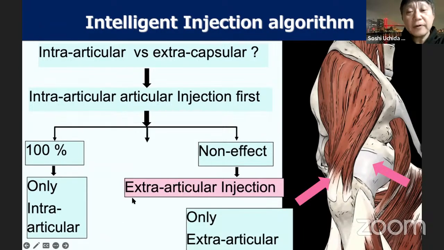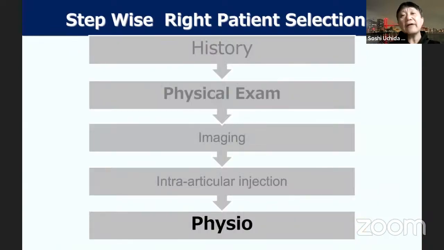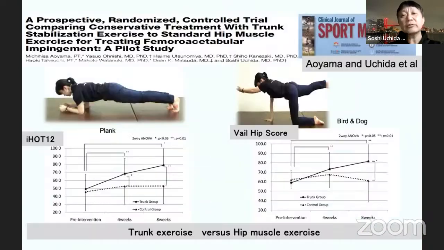And if that is 100% effective, the patient has only extra-articular pathologies. If the intra-articular injection is partially effective, maybe the patient complains of 30% or 50% pain relief, then extra-articular injection is needed, and sometimes both extra-articular and intra-articular pathology overlap. And then the patient tries physio.